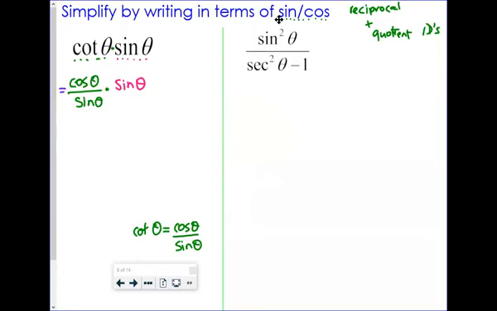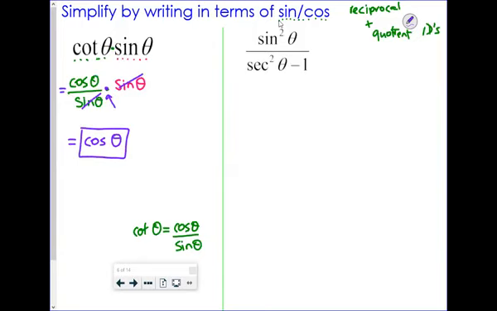And now, can you see what we can do? This is because we're multiplying. You couldn't do that if this was plus or minus. You can cancel out a factor in the numerator and a factor in the denominator, and we're left with the cosine of theta. Be very careful about what you cancel. You can only cancel factors, things that are being multiplied.